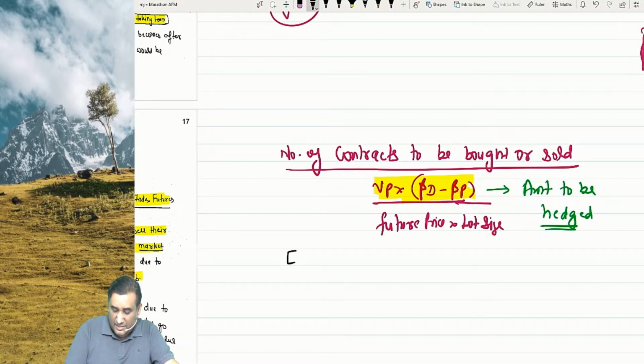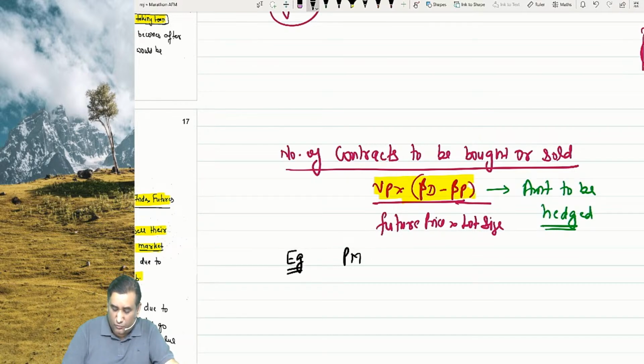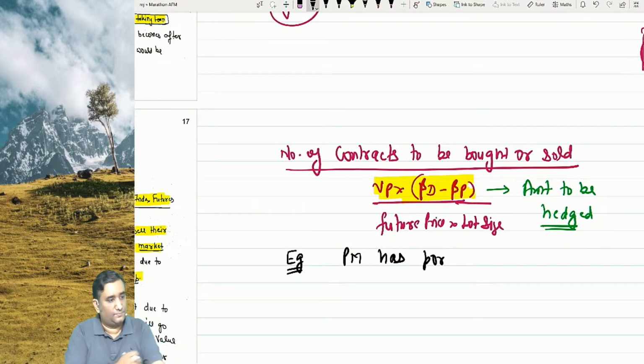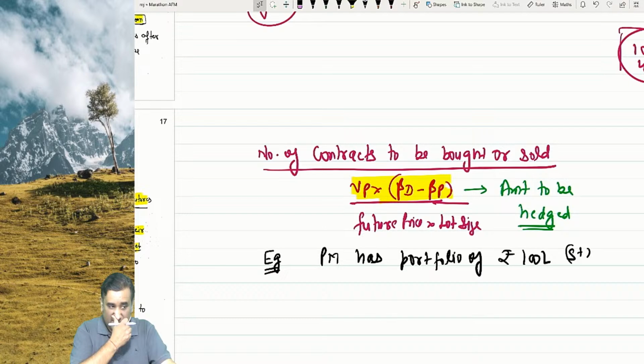With this example, we'll get clarity. Treasurer has a hundred lakh plus in the cash market.